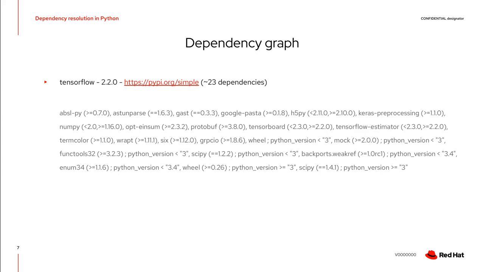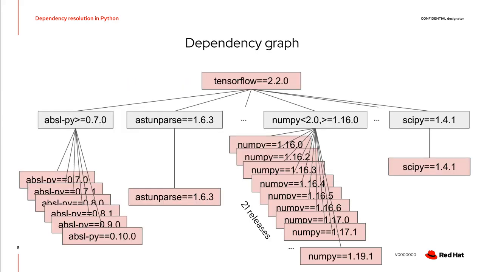I've already mentioned TensorFlow in version 2.2.0 that is published on PyPI. And by analyzing it, we observe that it has 23 dependencies. So here you can see them all stated. You see version range specifications, and some dependencies are optional if environment markers are evaluated as true. And if we try to construct the dependency graph, we really end up with a lot of packages, a lot of software. So here's an example of TensorFlow 2.2.0.